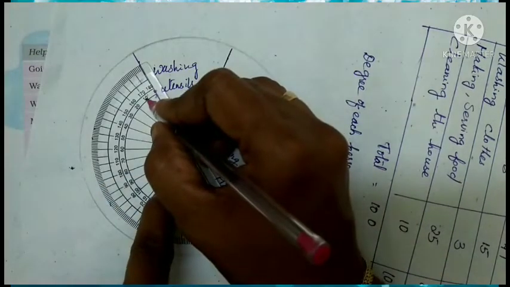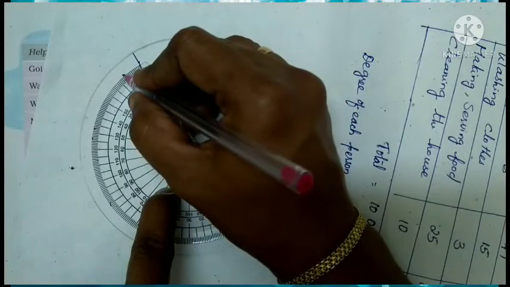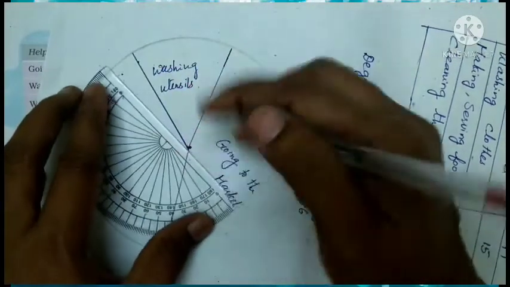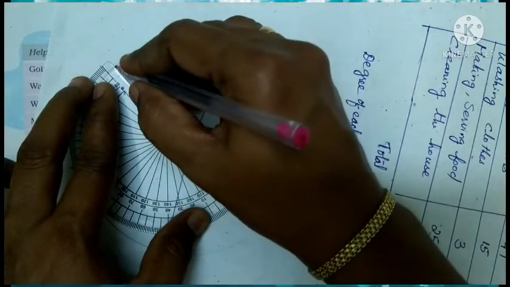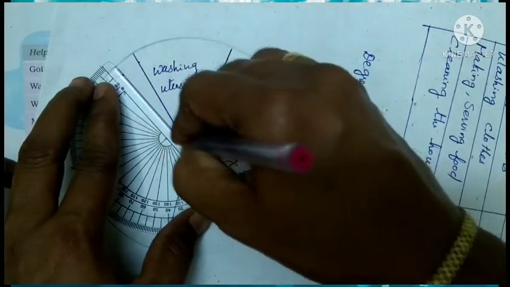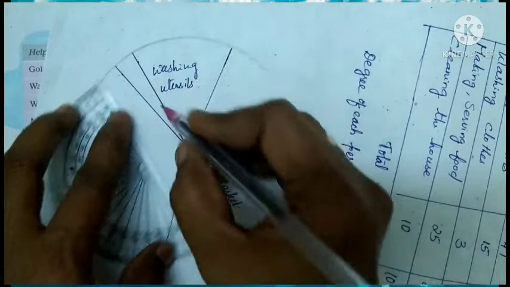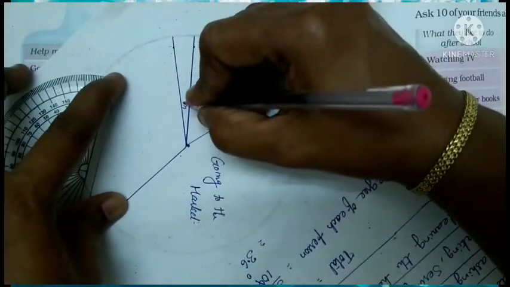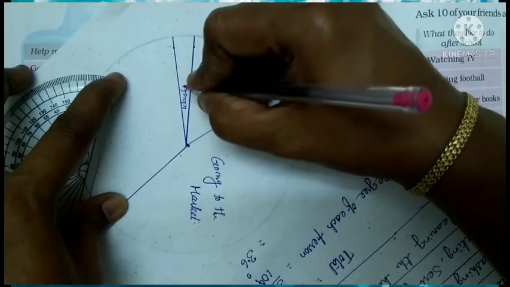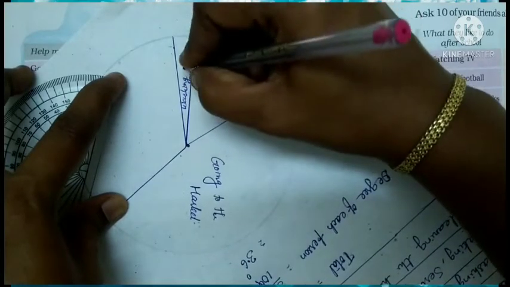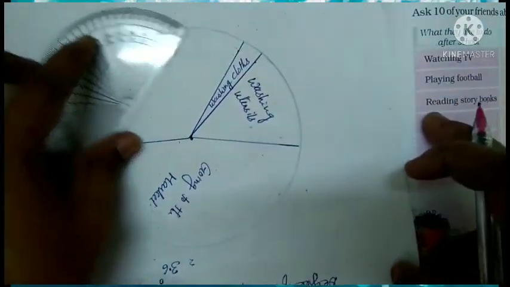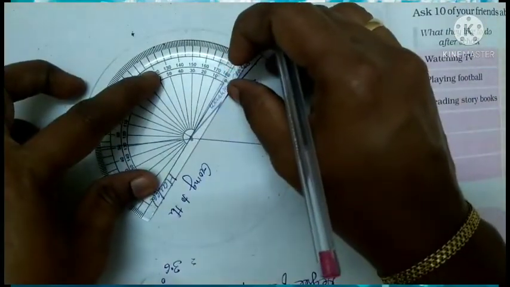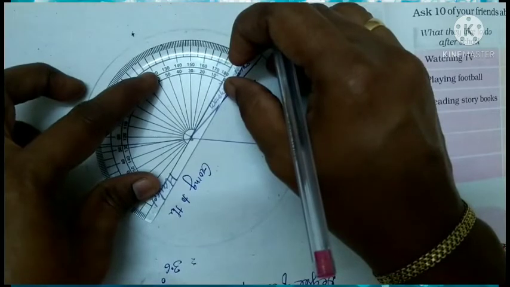So here 10 plus 1, that is 11. That is the small portion. Washing clothes. And then turn this paper like this and then place the protractor on the above of that line.